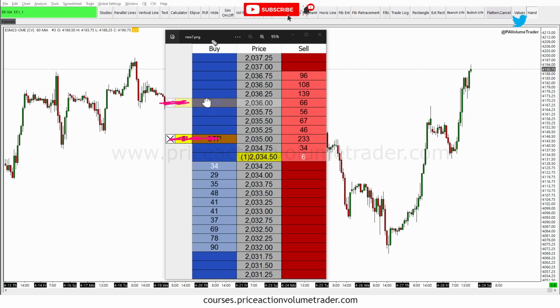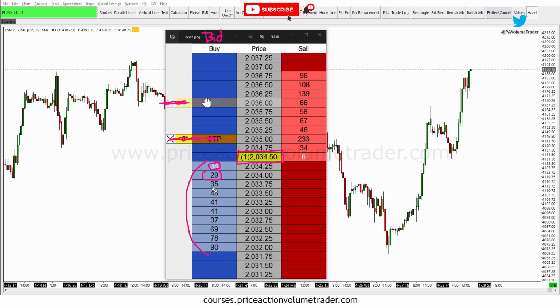where on the left we have the bid, or the resting or passive limit orders to buy right here. This is the current price over here highlighted in yellow, and so you've got all your resting limit orders to buy down below, and it tells you the number of contracts that are waiting.